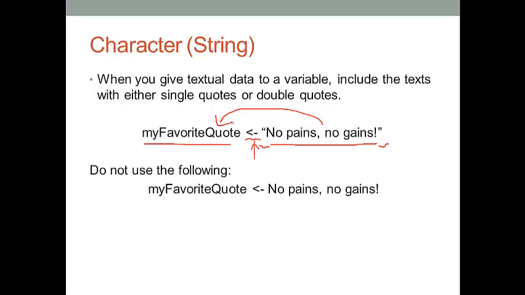Some developers forget to use the double quotes or the single quotes to include the string values. This is considered incorrect in R. Remember, we must include the string values by single quotes or double quotes, and then we can give the value to the variable.